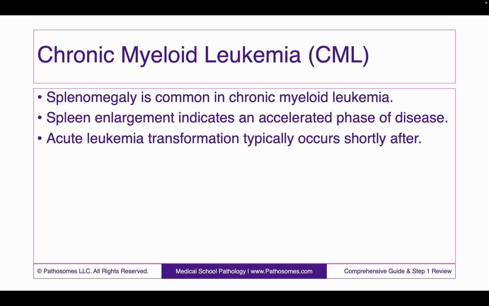Some common features associated with chronic myeloid leukemia include splenomegaly, or just spleen enlargement. And when that happens, it usually indicates an accelerated phase of the disease. Also note that chronic myeloid leukemia can transform into acute leukemia.